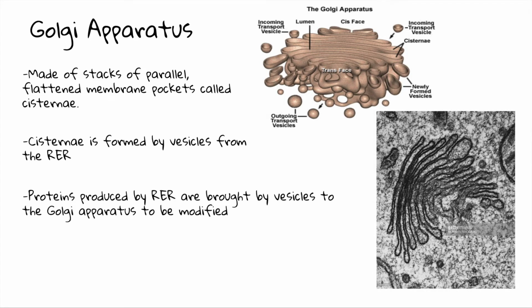The proteins are then repackaged in vesicles for secretion outside of the cell. So the function of the Golgi apparatus is the modification of proteins which are brought by vesicles from the rough endoplasmic reticulum in order to be secreted outside of the cell. And we have some diagrams of how the Golgi apparatus looks.